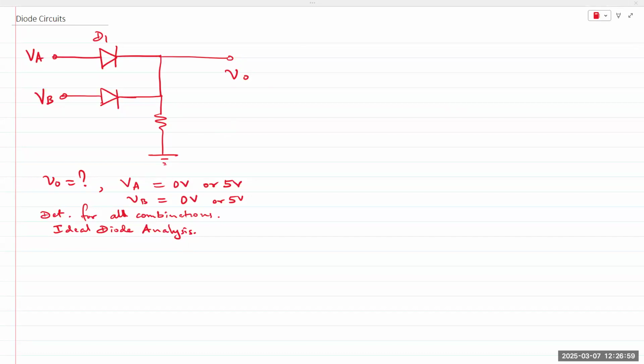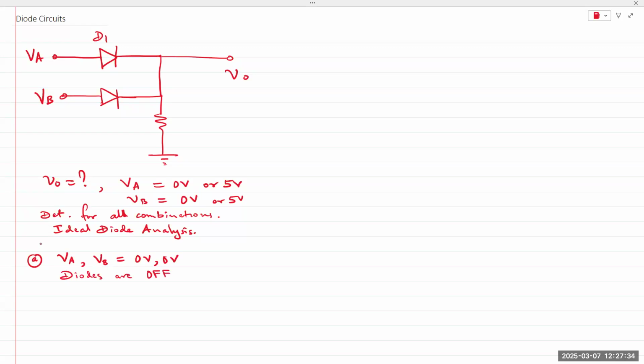So first case, let's take VA and VB both 0 volts and 0 volts. Then, are the diodes on or off? Diodes are off.